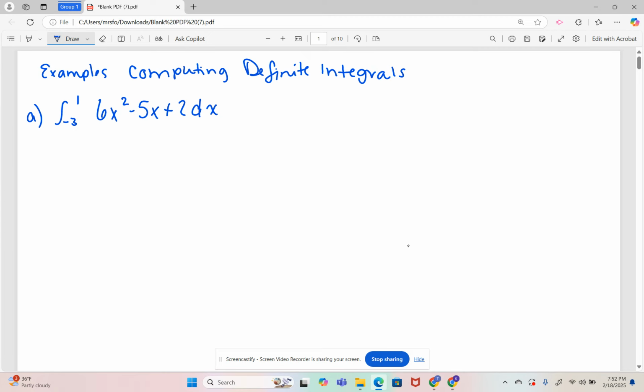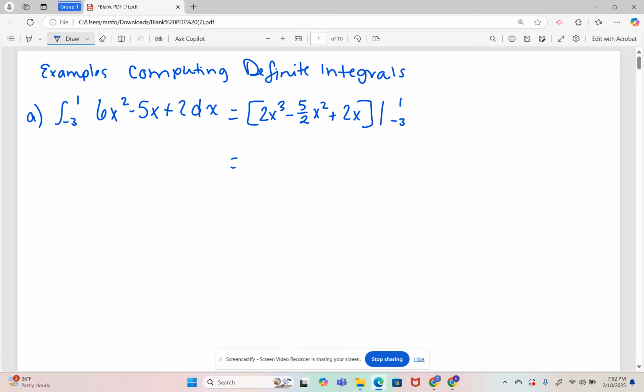So for 6x squared, remember you raise the exponent, divide by the new exponent. That would become 2x cubed. Then that would become minus 5/2 x squared. And then the 2 would become 2x. And we're going to do that on the interval from -3 to 1.